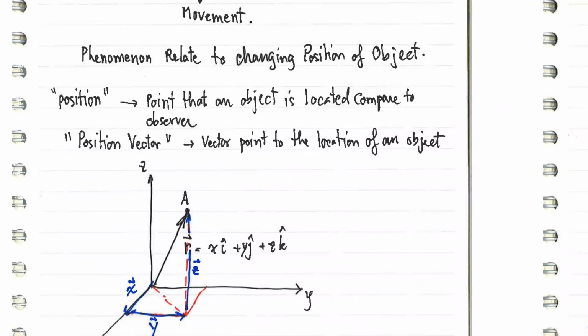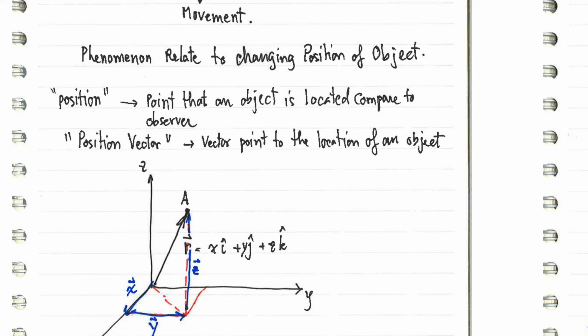It's a phenomenon that relates to changing position of the object. So the first thing that we need to do when we describe motion is to give a position of the object at any particular time. The position is the point where the object is located compared to the observer or the origin. To locate the position, the best way is to use what we call a position vector.